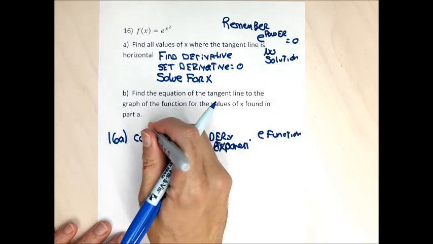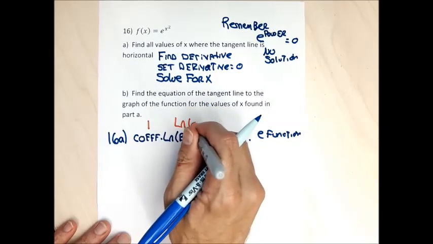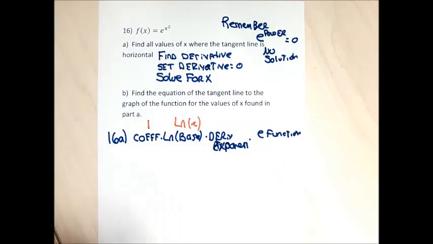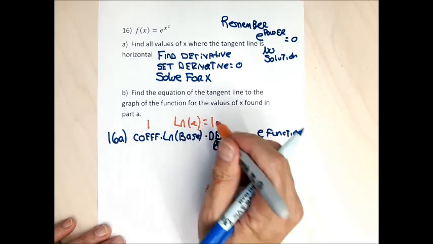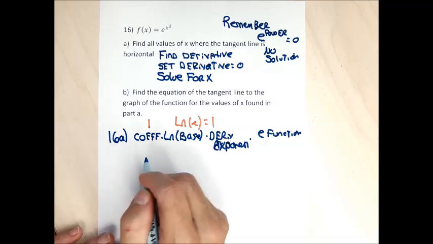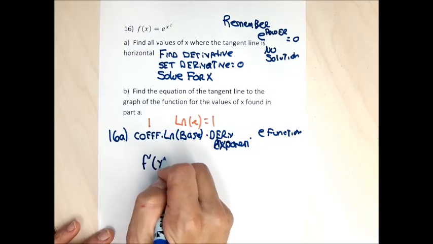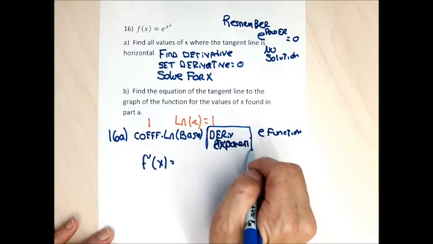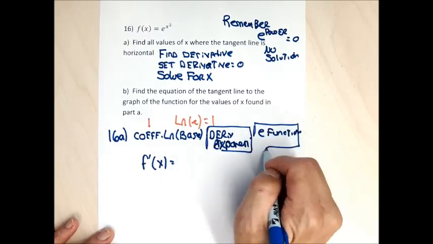Here the coefficient is 1, the base is e, 1 is not necessary to write, and the ln of e, since that equals 1, it's not necessary to write. So when I go to write down the derivative, I'm just going to take the derivative of the exponent and multiply it by the function that's given.